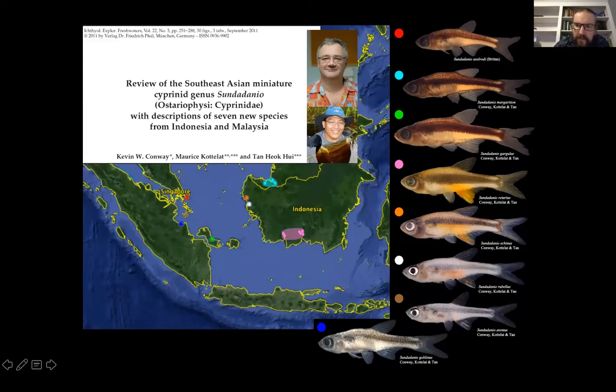If you can see some of the names here, for example, this one we called Sundadanio gargula after a gargoyle, Sundadanio echinus after a hedgehog, Sundadanio goblinus after a goblin, and atomus in reference to its small size. So that's always a fun part of describing new species, coming up with an interesting name.